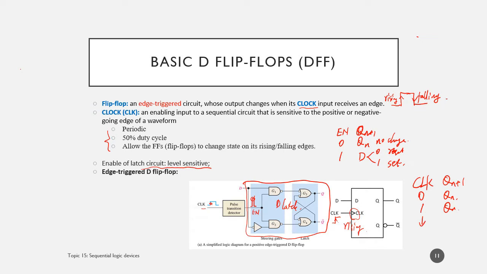If it's a falling edge, still no change, because this is a rising edge circuit. Only when we detect a clock rising edge, then Qn plus 1 will follow D. If D is 0, we get reset. If D is 1, we get set. So that's the truth table for the D flip-flop.